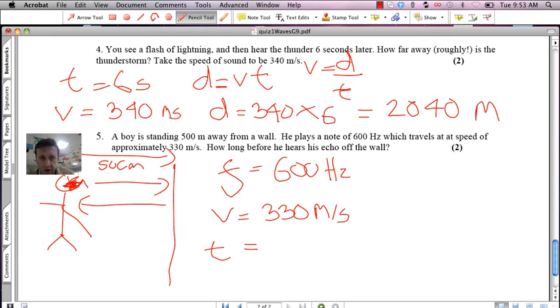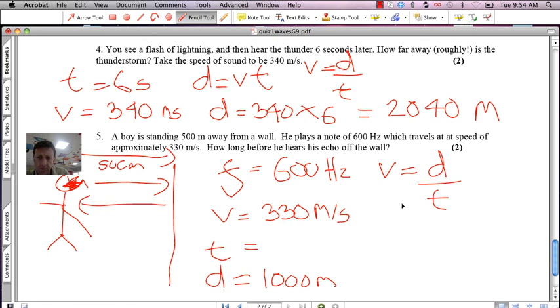So the total distance that the note will travel will be 500 meters here, then 500 meters back before he hears it, which means my total distance is 500 plus 500, 1000 meters. So I'm trying to work out the time it takes for the note to go from here, then back. Frequency doesn't really affect the speed of a wave, it's just how many times it happens per second. So I'm going to use my formula, v equals d upon t.